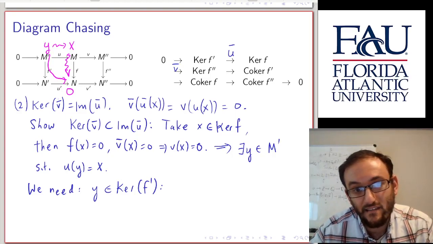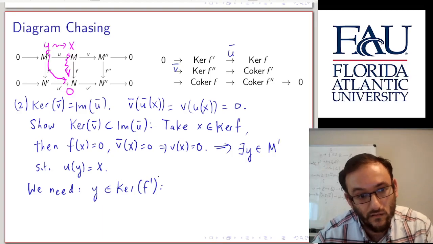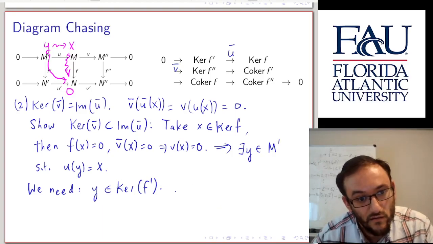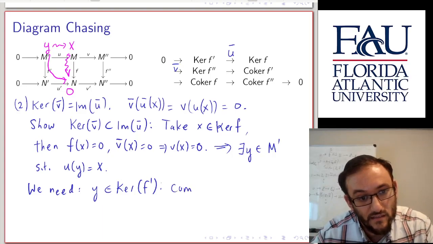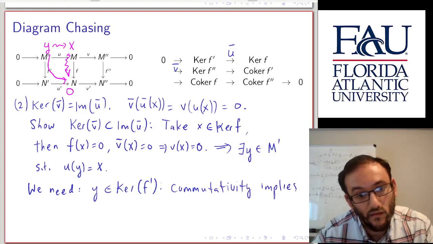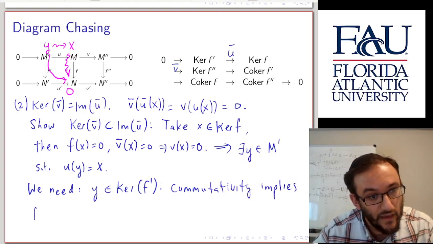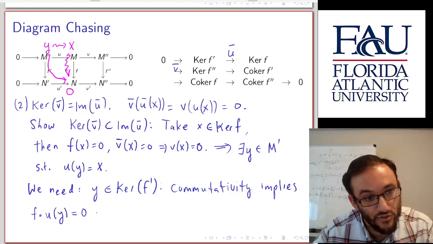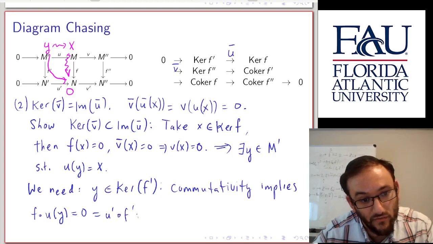But that means that, let's put it this way, commutativity implies that f of u of y, which is 0, should be equal to u prime of f prime of y.